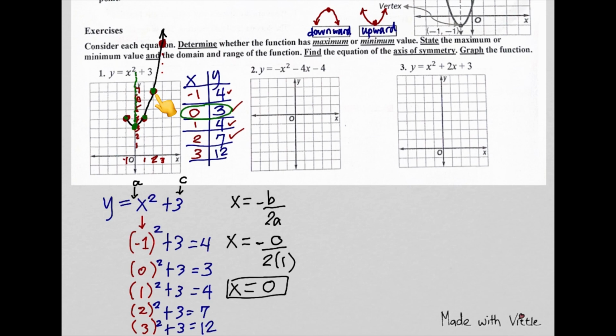And look at this dot. On the other side, we don't have a dot. But count how many squares this dot is from the axis of symmetry. It's 2 squares. So the other dot on the other side will be 2 squares away from the axis of symmetry as well. So you can place a dot here, then continue the parabola on the other side.